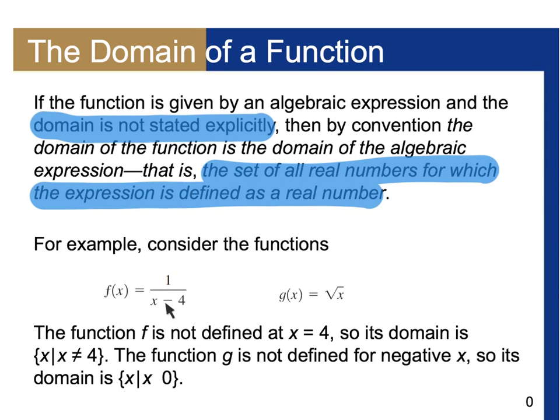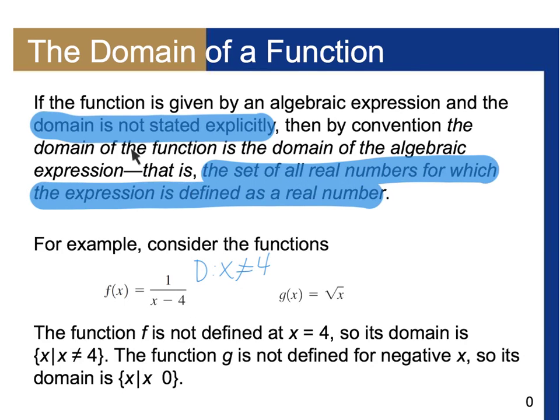The only place it's not defined is when x is 4, because we can't divide by 0. So for this one, we could say x is not equal to 4, right? And that implies all real numbers except 4. So when we say this, we're saying all real numbers, but x can't be 4. And the reason is because you can't divide by 0.